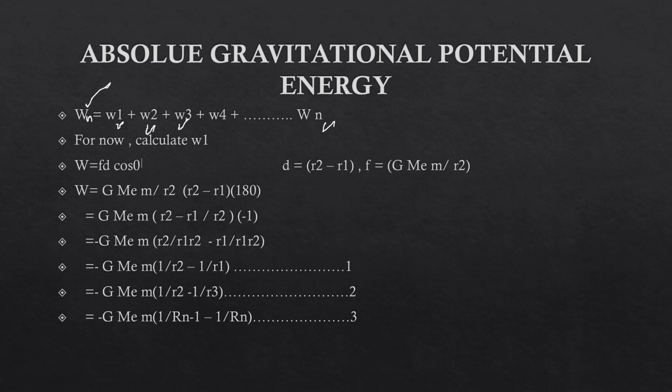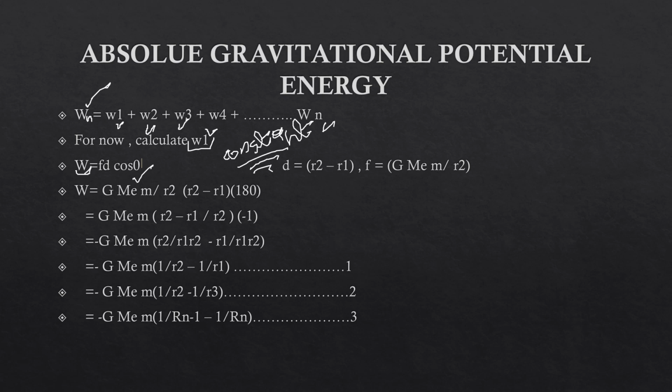We are first going to calculate only W1 to get a constant. If we have a constant distance, force and angle, we can easily calculate that. First, W1. We know that work is equal to F d cos theta.